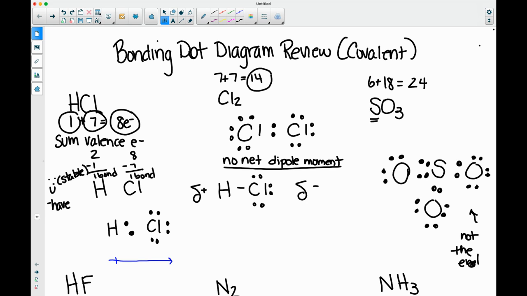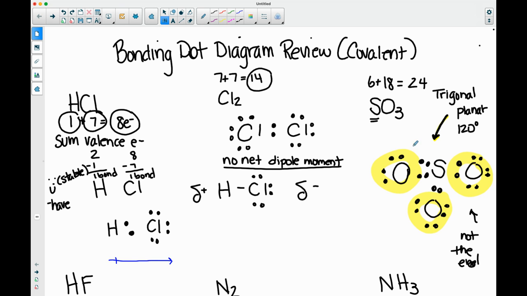But the other thing I want to point out is that the shape that I use to draw it on paper, well, on my tablet, is not the same shape that it actually is. This sulfur has 1, 2, 3 atoms bonded and no lone pairs. So that means that this structure is actually trigonal planar, 120-degree bond angles.